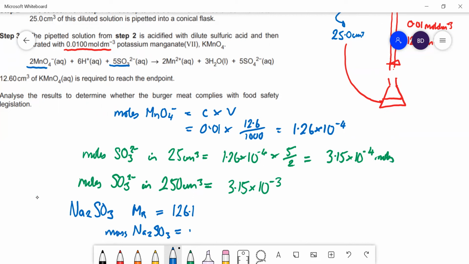It's going to be moles times MR, which is 3.15 times 10 to the minus 3 multiplied by 126.1. That gives us 0.397 grams, okay?